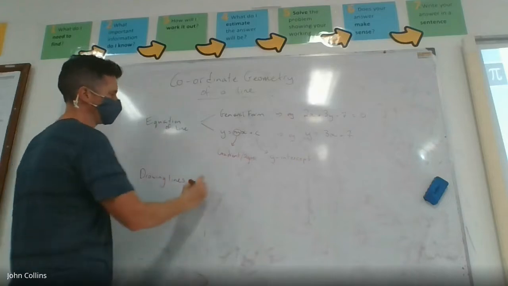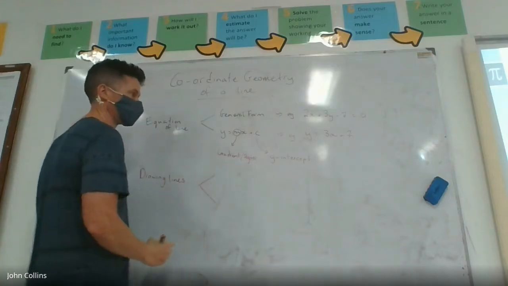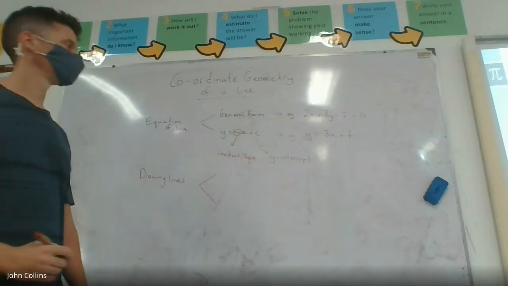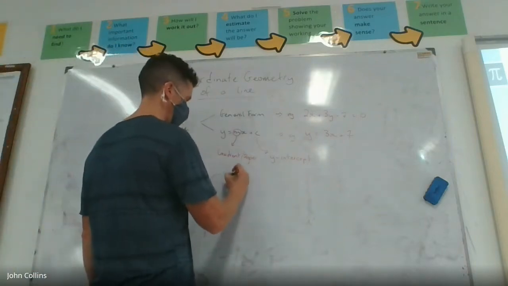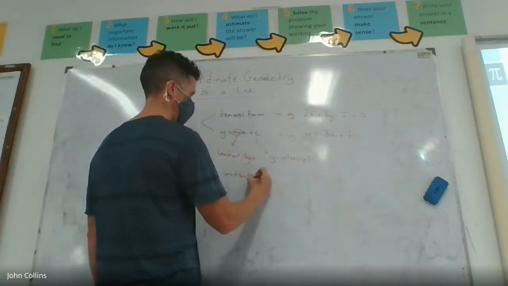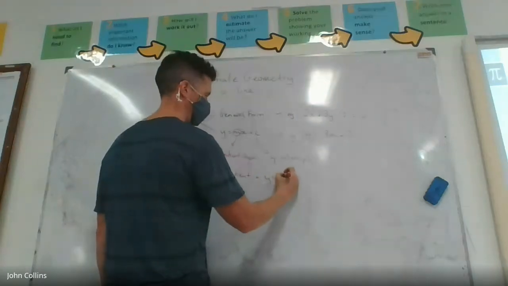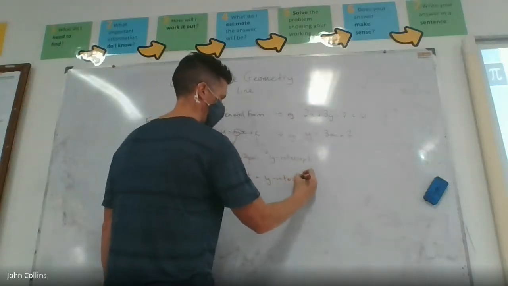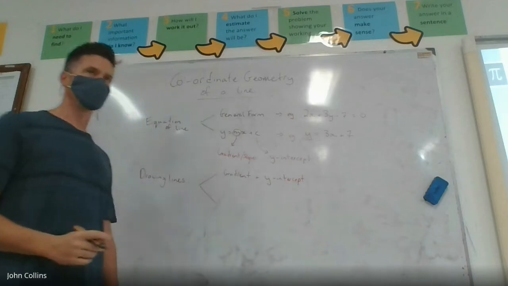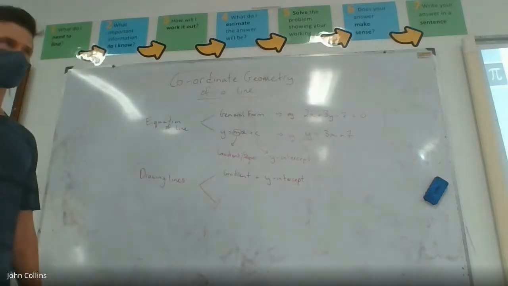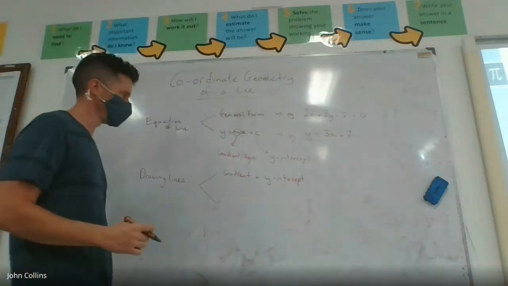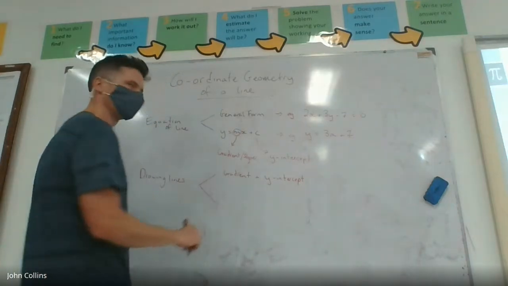So drawing lines has two methods. First method, use the gradient and the y-intercept. That might require a rearranging. We'll look at a quick example of that in a second. What was the second method yesterday?